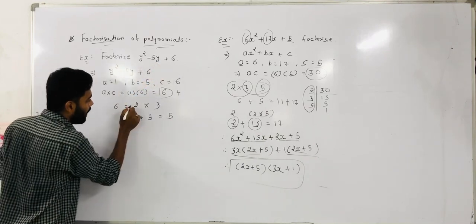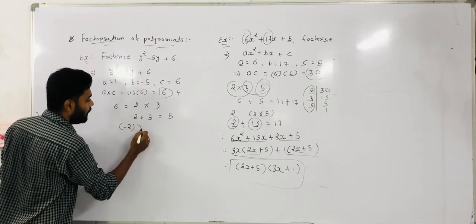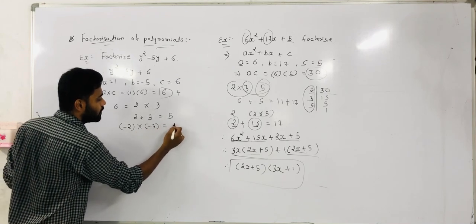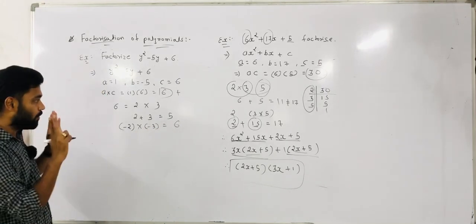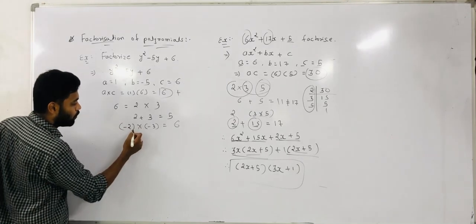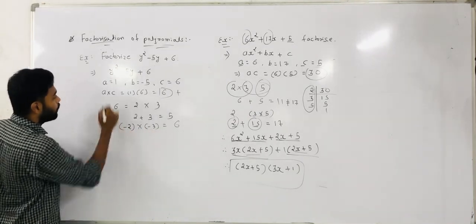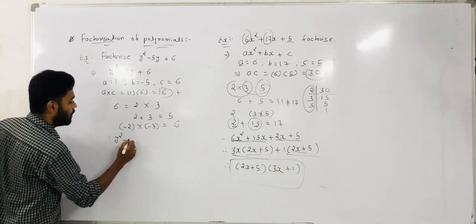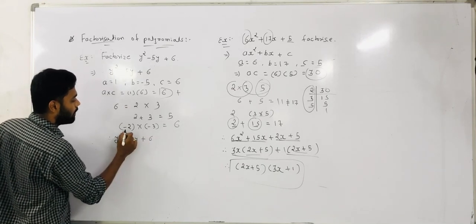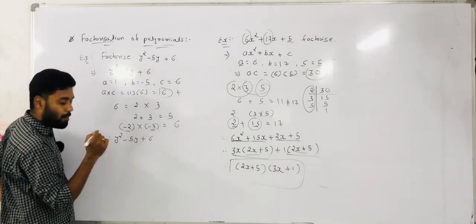We know that minus 2 into minus 3 is also plus 6. So we can take the two factors as minus 2 and minus 3. So you can split your middle term by using minus 2 and minus 3.